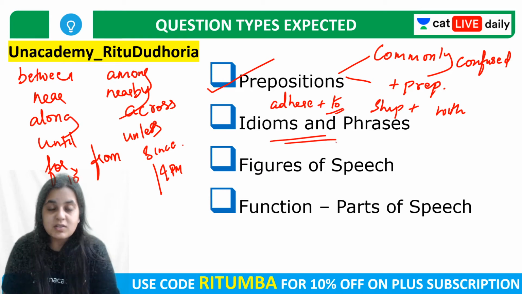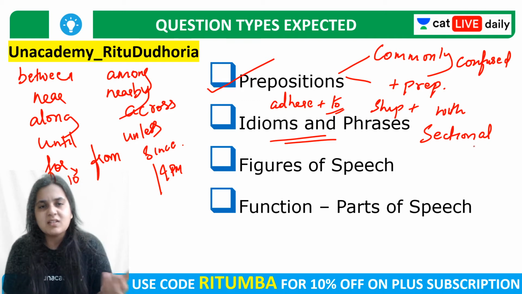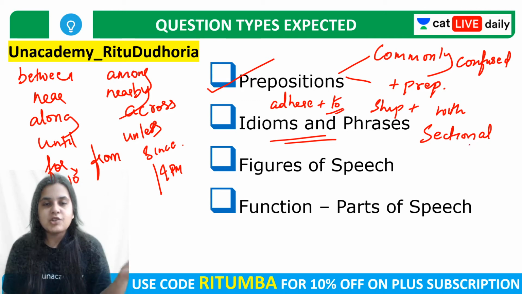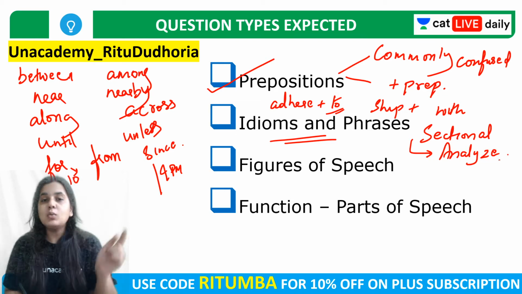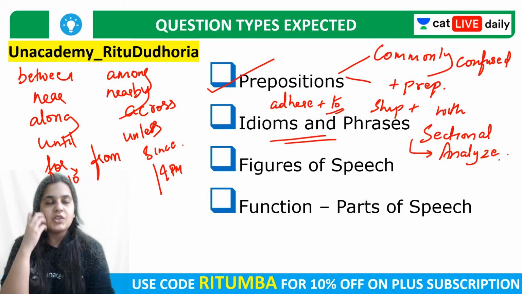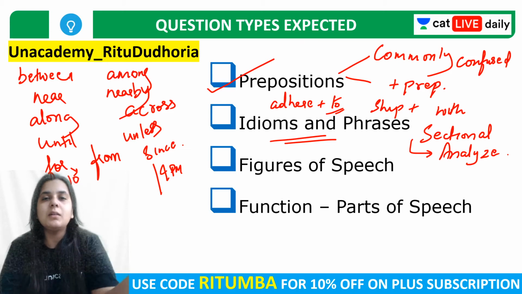Idioms and phrases, please go through the common idioms and phrases, or just give a sectional on idioms and phrases, because see guys, there are thousands of idioms and phrases. Anything can come in the examination, but what you have to understand is that when you give a sectional, you have to see whether you are able to analyze the idioms. Why? Because there are two types of idioms. One is based on mythology, or something which you cannot really analyze. It's more to do with situation. For example, kicked the bucket.